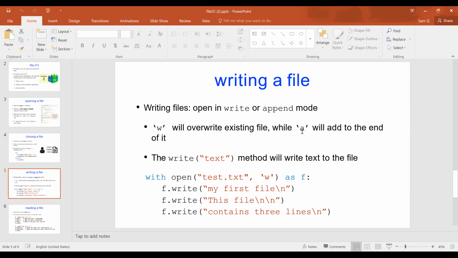So that is the main difference between W and A, but both open the file for writing. And R will open the file for reading. By default, when you open the file without specifying anything, it will be opened in read mode.